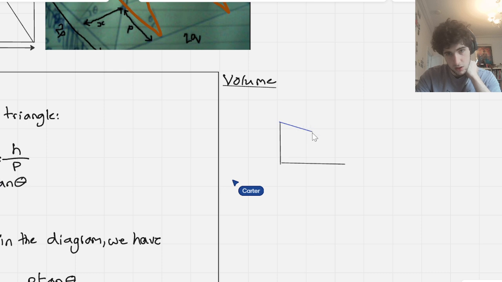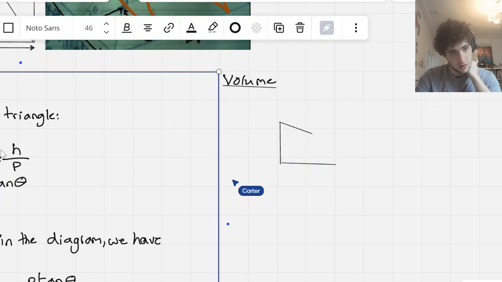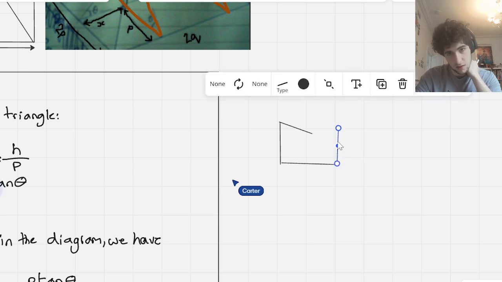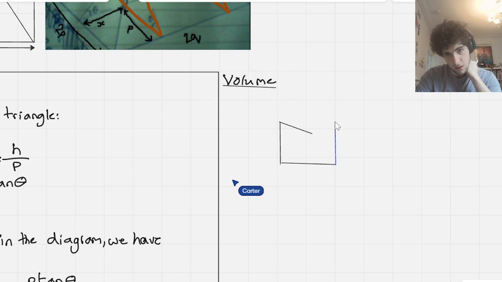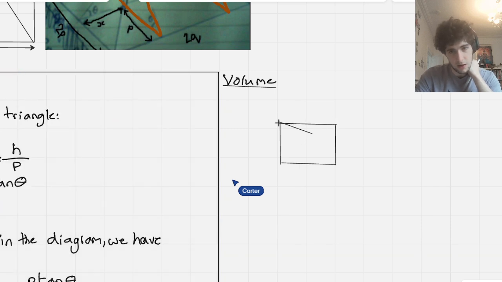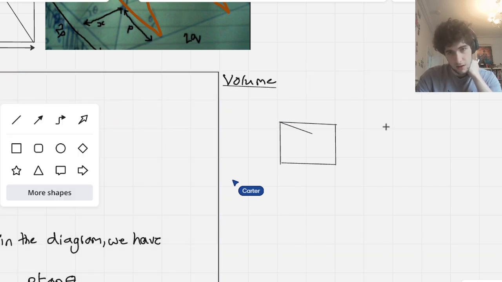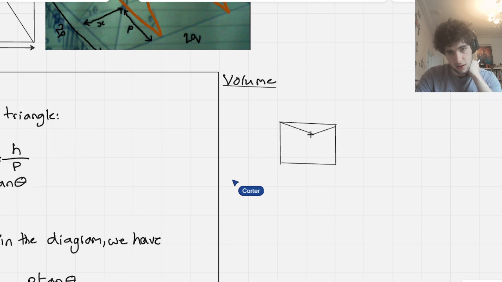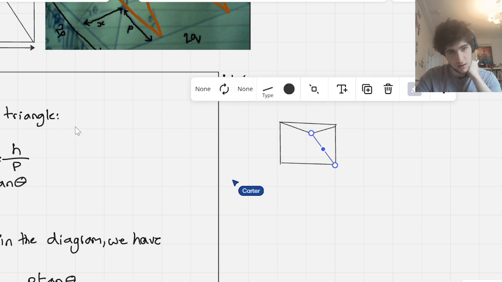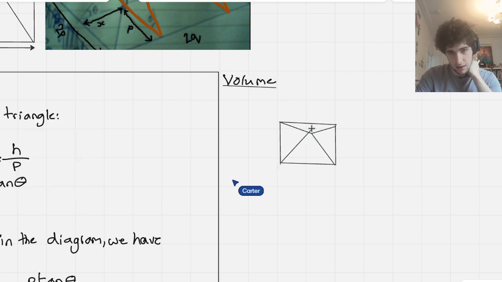I probably want to make this shorter, like there, and make this shorter over here, and then move this up here, and then we can put another line in over here, and then do some more lines like this, and like this, and finally like this. So here's our pyramid, right?